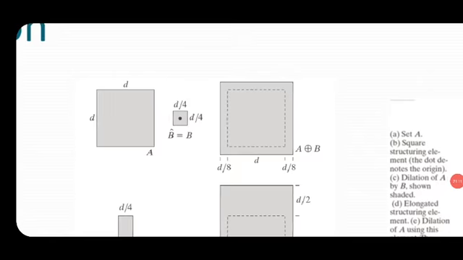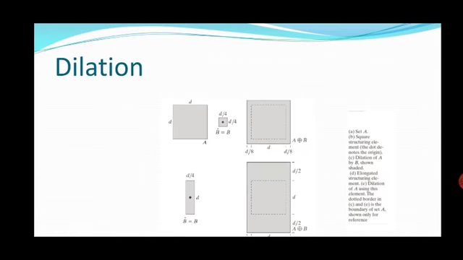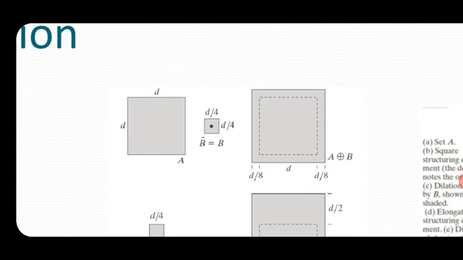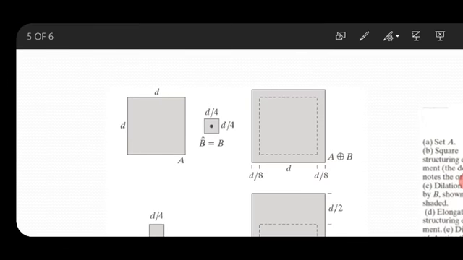Now look at this one. Dilation means you have to add, you should not erase. What is the size of the structuring element here? This is my structuring element, and this is one more structuring element. I'll come to them one by one. The height will be d by 4 and the width d by 4, equally d by 8 from the center.